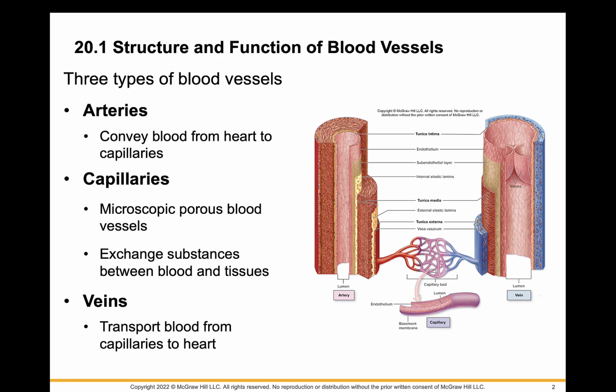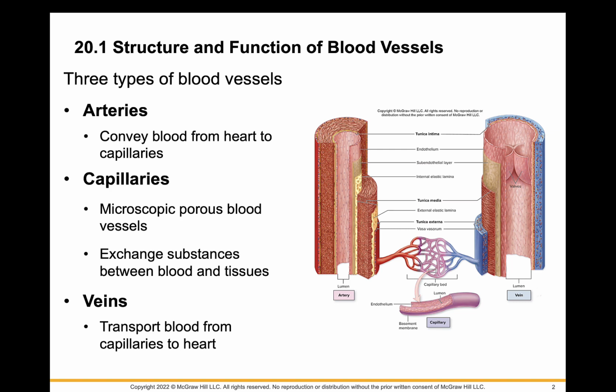When we talk about arteries, we're talking about vessels that are taking blood from the heart and to capillary beds. Veins will be transporting blood from capillaries back to the heart. So this is a little different than what we saw previously. They were just general generic definitions with arteries, any vessel that leaves the heart, and veins, any vessel that comes back to the heart.